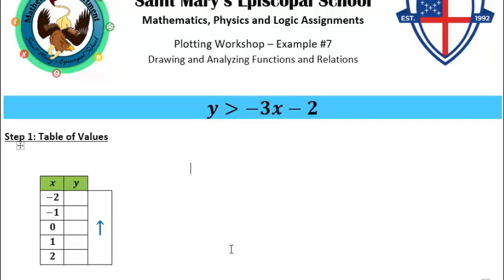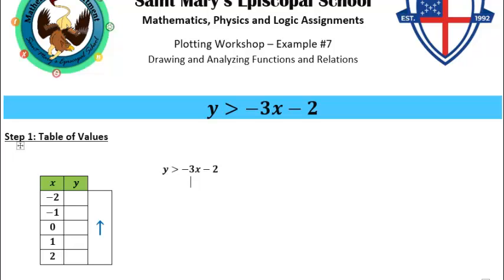Okay, once you've done that, the rest is the same thing we've been doing always. You're gonna copy the formula of the exercise, and then you're gonna substitute the values of x starting with -2.